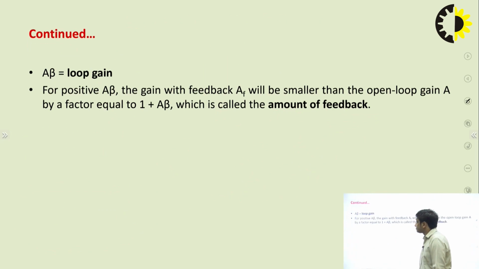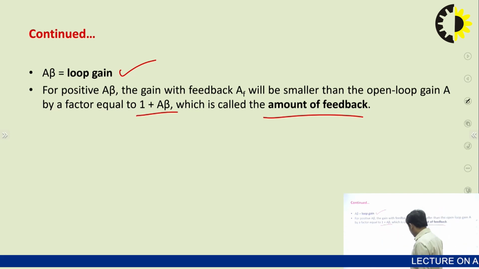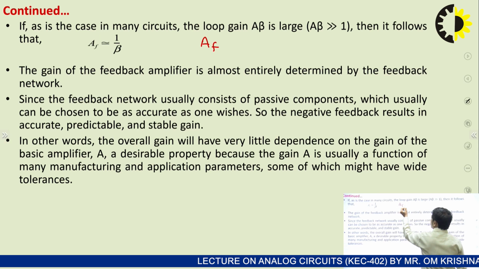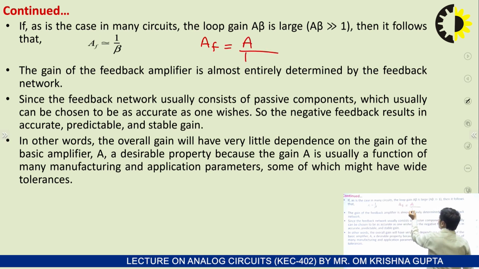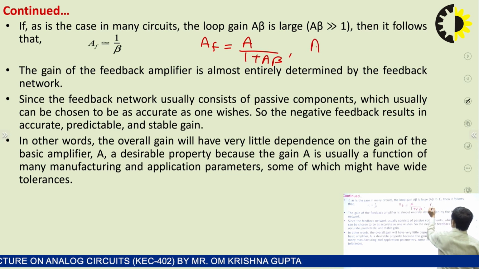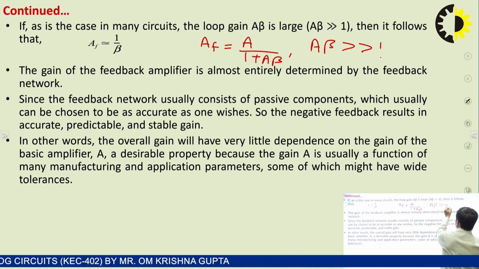Now I have already discussed that A beta is the loop gain and the factor 1 plus A beta is called the amount of negative feedback. Now see, we have got this equation AF is equal to A upon 1 plus A beta, and we know that this loop gain A beta is very much greater than 1.